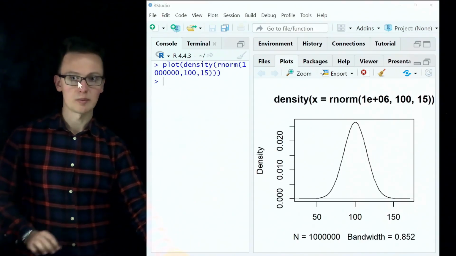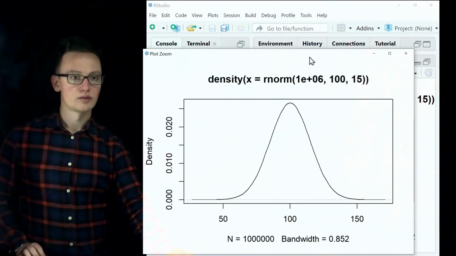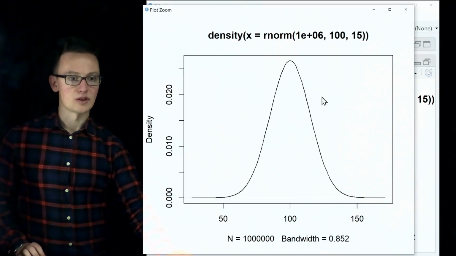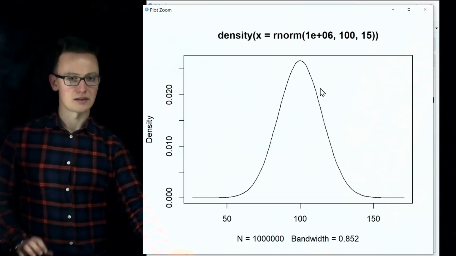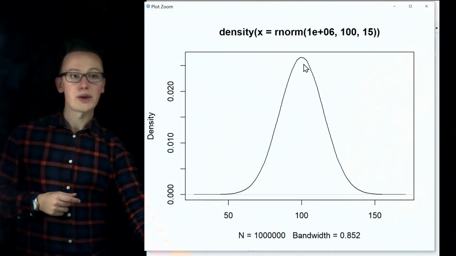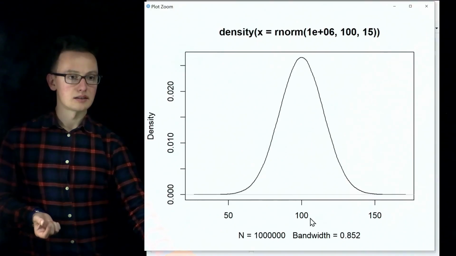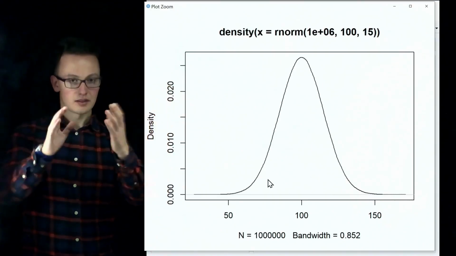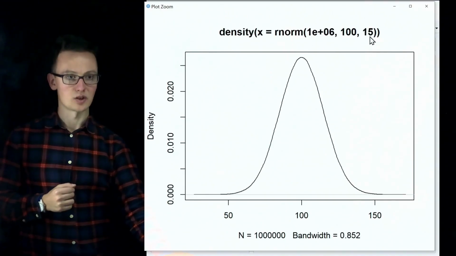Okay, we can also zoom in a bit and look at it in a somewhat larger format. So as you can see, it's clearly a normal distribution. It has this bell curve shape, okay, with a peak at the value 100, because that's the mean. And its particular width is defined by the fact that we specified the standard deviation to be 15.